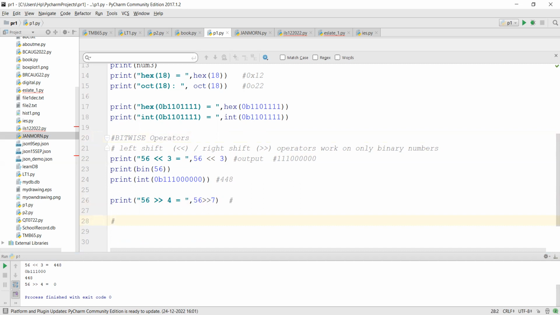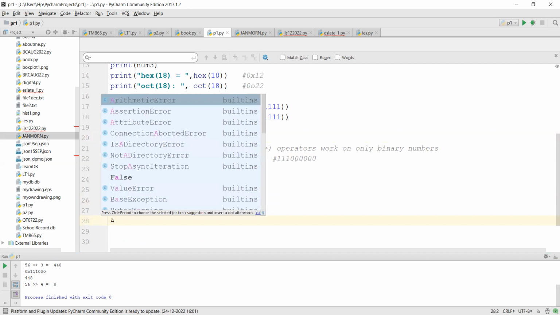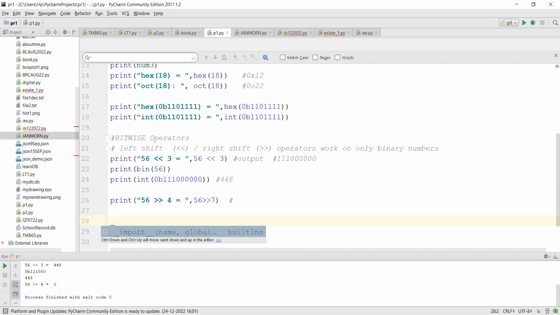A bit is the lowest level of data which a computer can store. What is the lowest level of data that we can store in our natural language? One character. Minimum is one character. You can say A, you can say B, you can say 5.